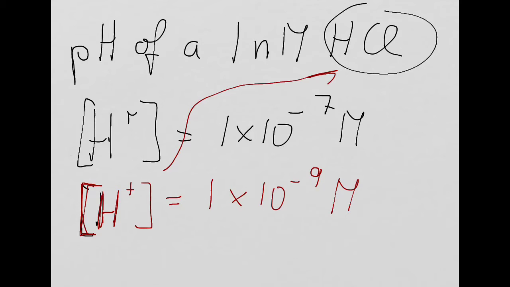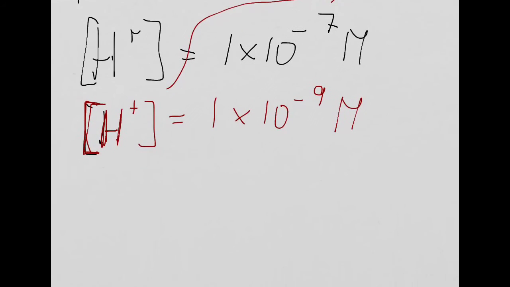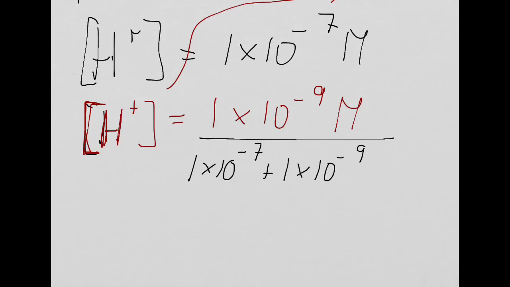So, when I put them both together, I have 1 times 10 to the minus 7 plus 1 times 10 to the minus 9 molar.